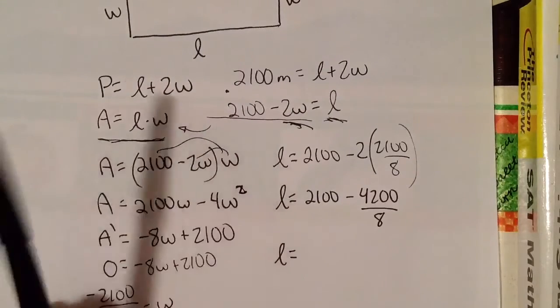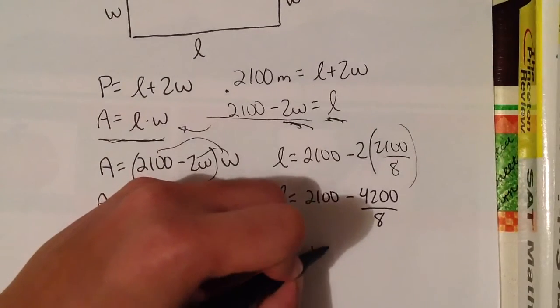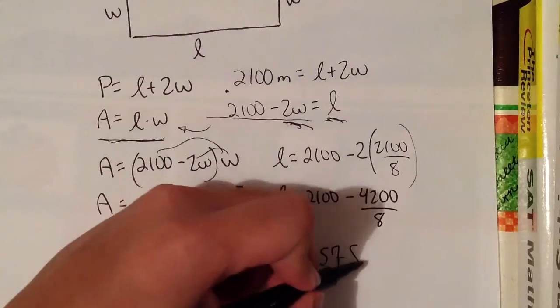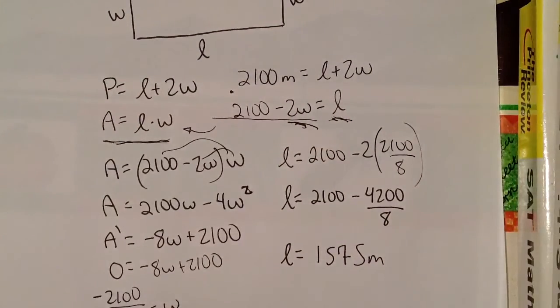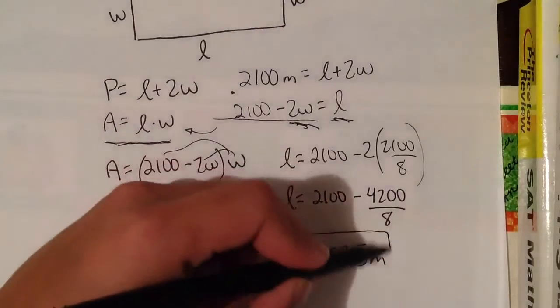So the length equals, hold on, let me get a calculator. Length would be 1575 meters. Forgot the units. Okay, so you have the length and the width.